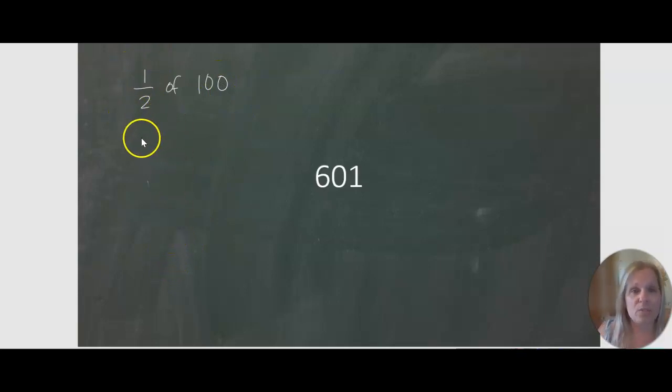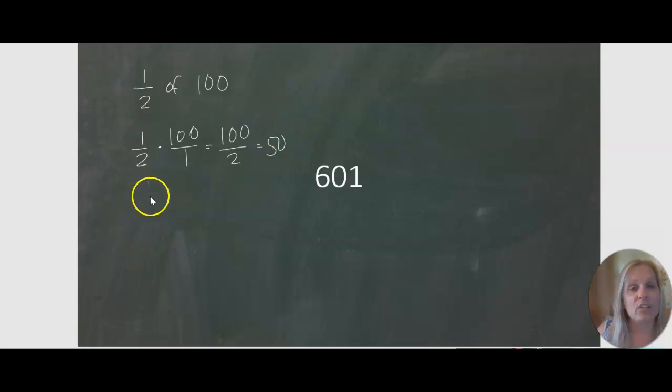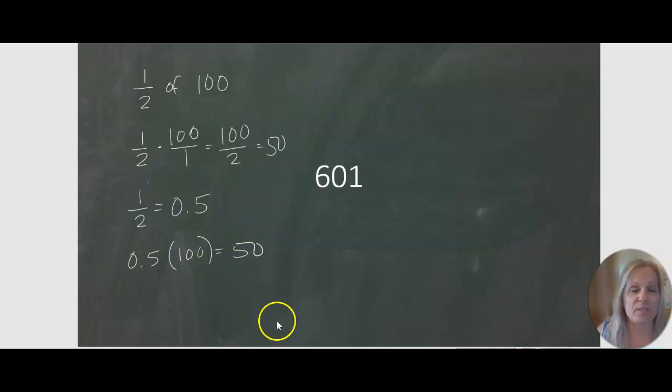I could multiply 1/2 times 100, right? I would get 100 over 2, which is 50. Or I could convert 1/2 to a decimal, and I could multiply the decimal for 1/2 times 100, which would also be 50.